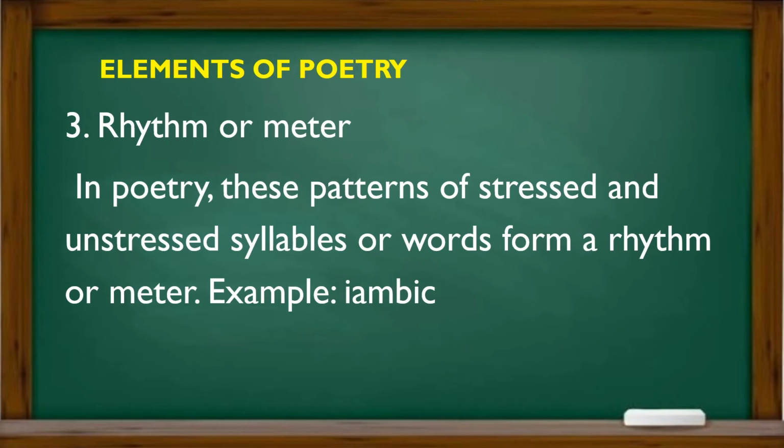There is a name for each of the common patterns, like iamb or iambic pentameter, for example. In your study of poetry, it is not necessary to memorize and agonize over this list of terms. They are presented here merely for your information and as a starting point in understanding the rhythm of poetry.